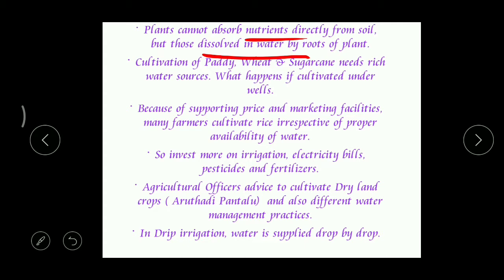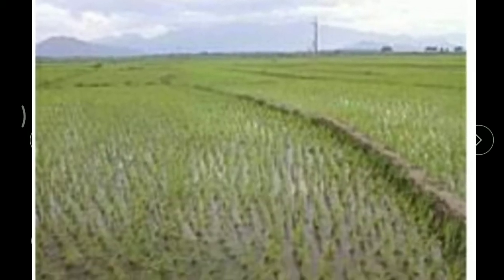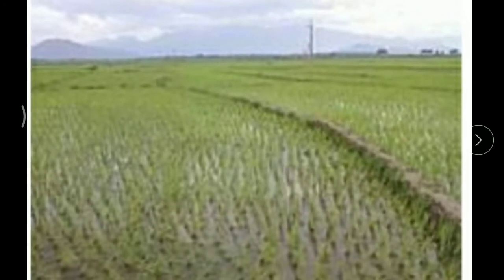Right? So whenever we cultivate plants like paddy, wheat and sugarcane, these three varieties of crops need a rich source of water. Have you seen this rice crop? In a rice crop, we always need to supply more and more water. That means the field is flooded, the plants are submerged in water.